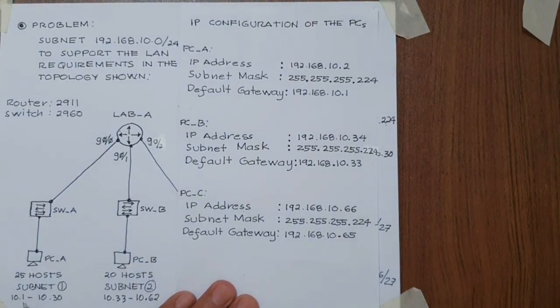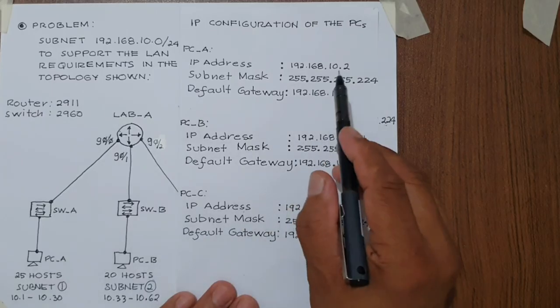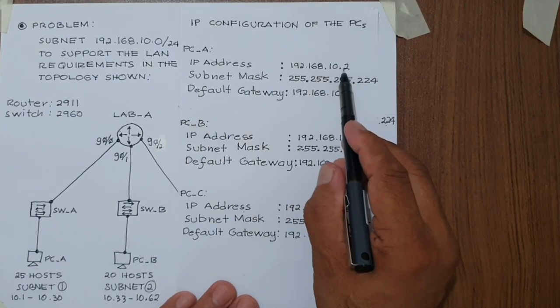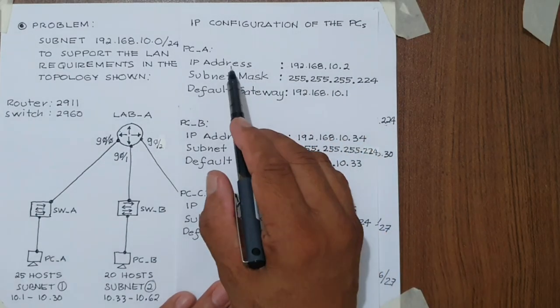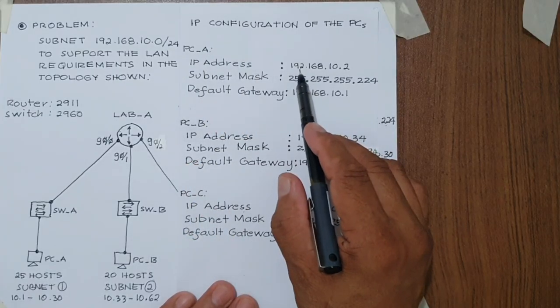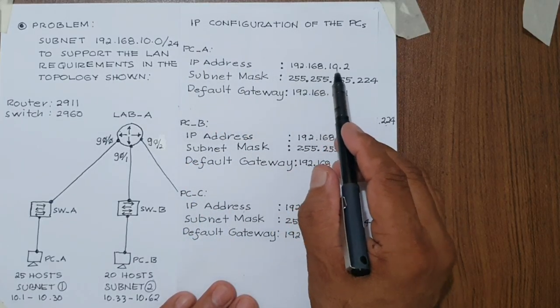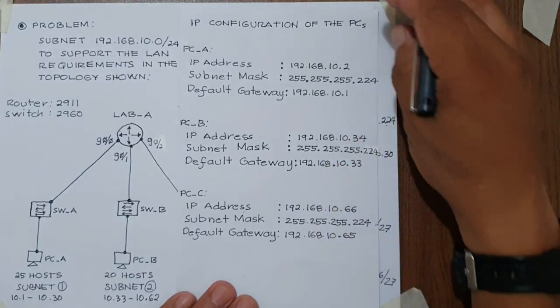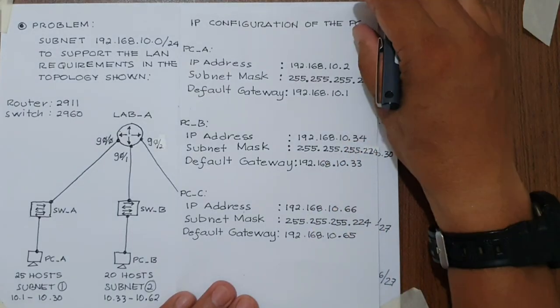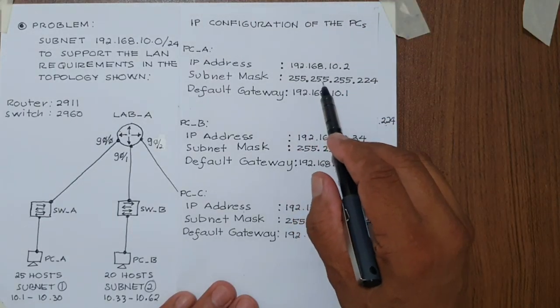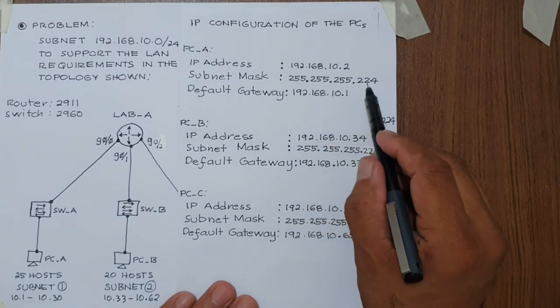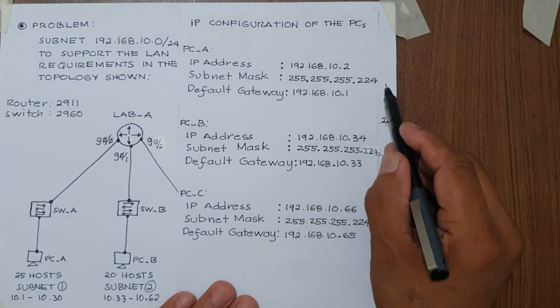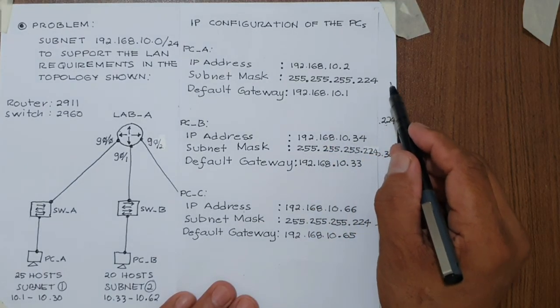The IP address must come from this range, 10.1 to 10.30. So we'll be using 10.2. So the IP address of PCA is 192.168.10.2. The subnet mask, as we have learned earlier, will be 255.255.255.224. This is for the /27 bit mask.